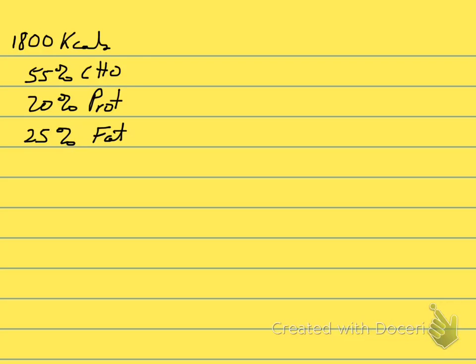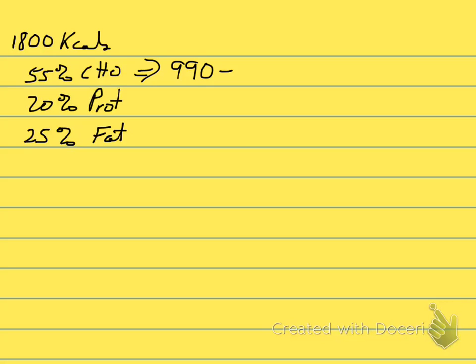So we're going to basically take 1,800 calories and multiply it by 55% to figure out how many grams of carbs we're ultimately going to need. So I'm going to take 1,800, and if I multiply that by 0.55, 55%, I end up getting 990 calories. Now that's 990 calories coming from carbohydrate.